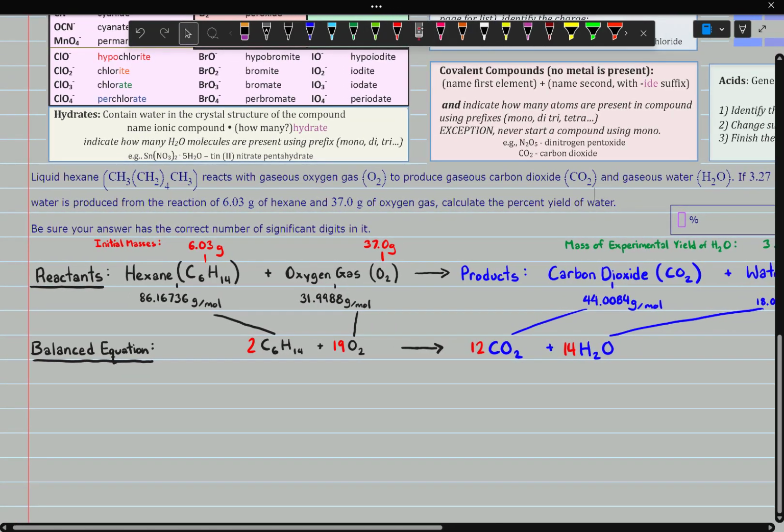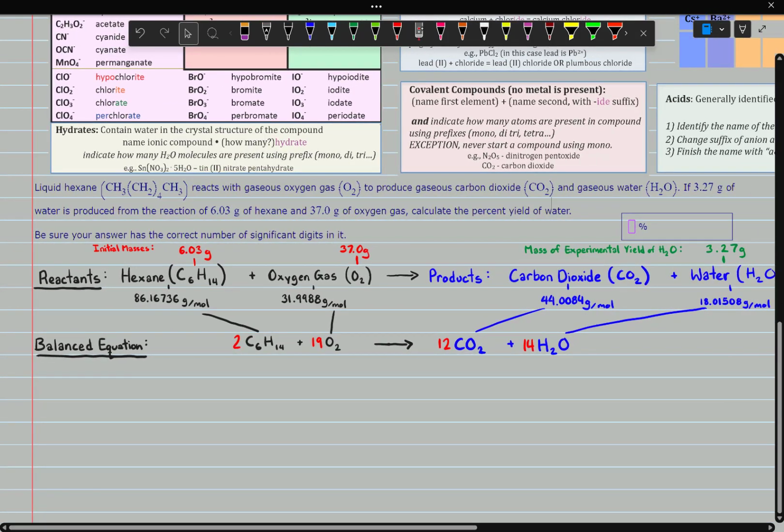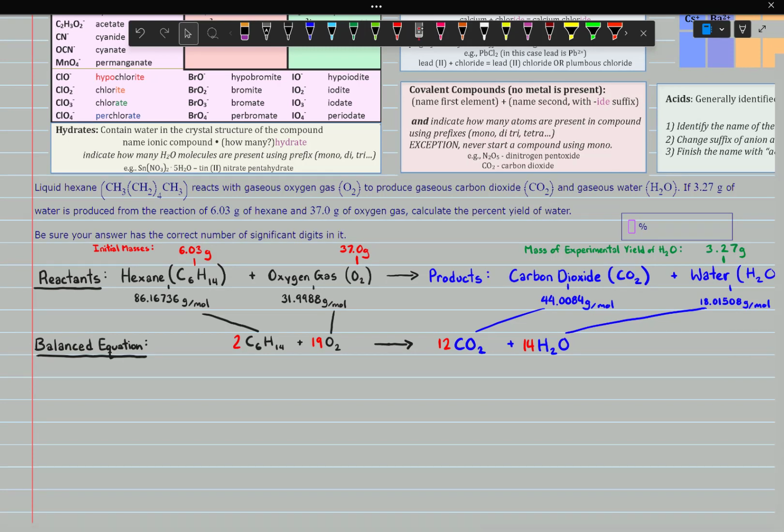Much of this that I've written down here is a review of the last problem, so if you are confused by any of this, I highly recommend you look at the last problem because it broke it down a lot slower than I'm about to now.